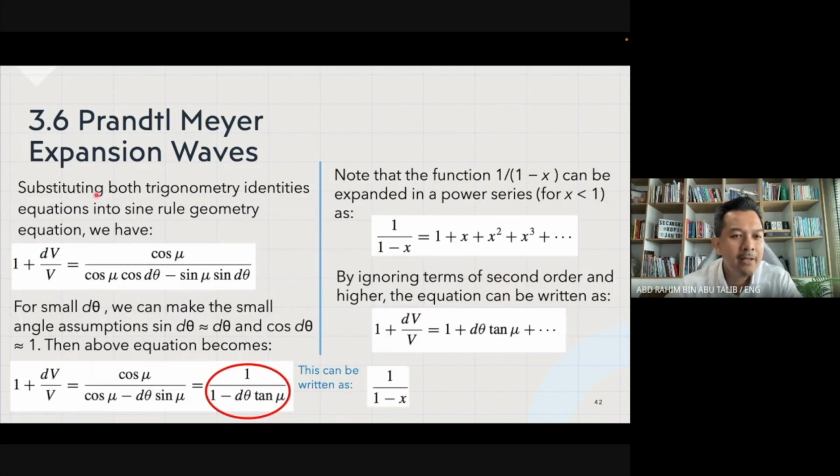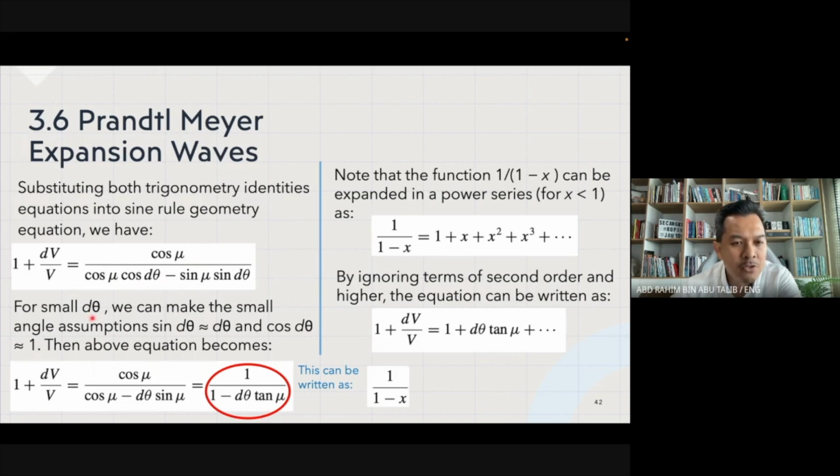Okay? And substituting both trigonometry identity equations into the sine rule geometry equation, we have 1 plus dV over V, which equals the corresponding value for mu, right?